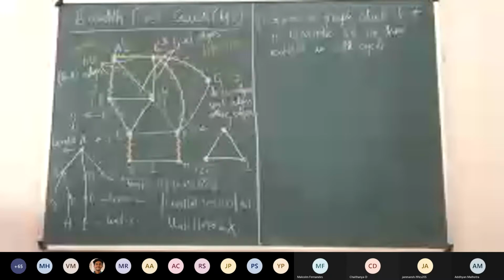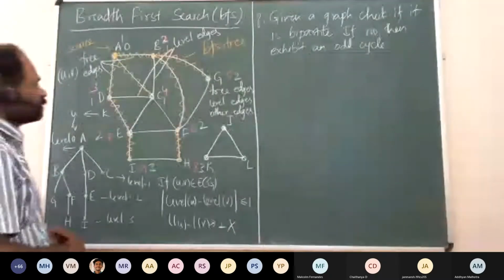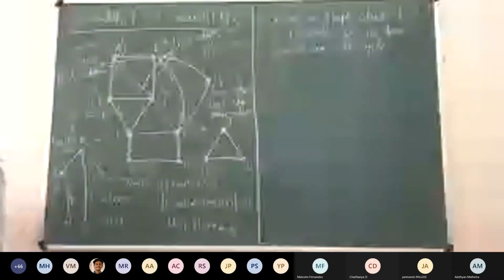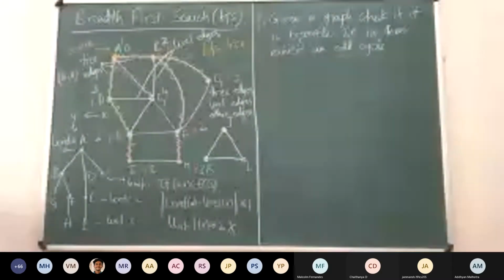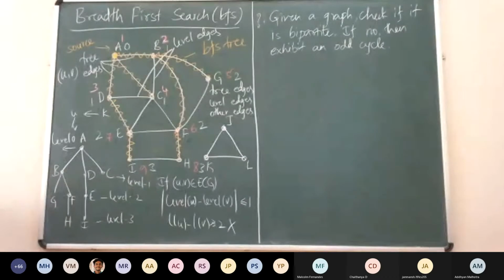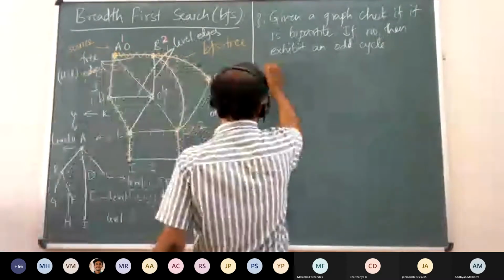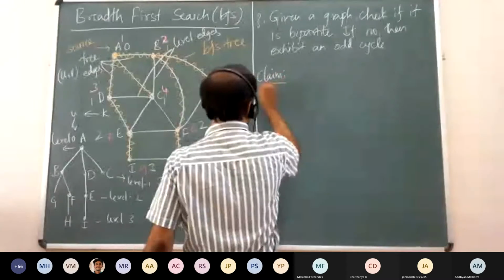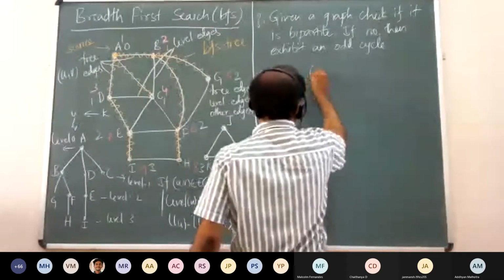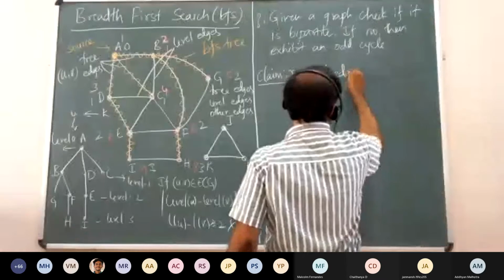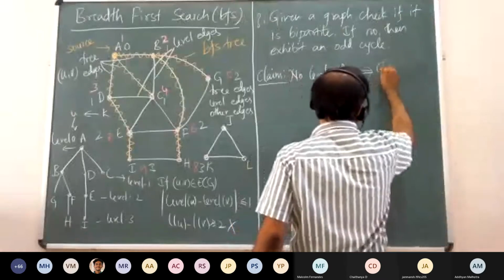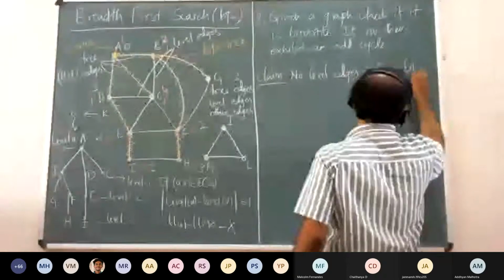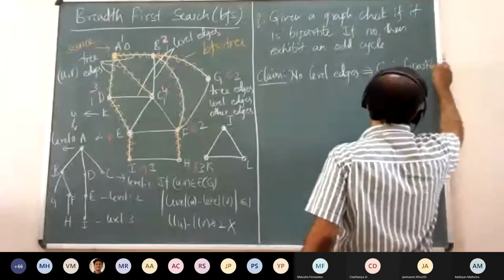Okay, so the idea is, suppose there are no level edges, then we can say that the graph is bipartite. Is it? Okay. So the claim is that no level edges implies G is bipartite.